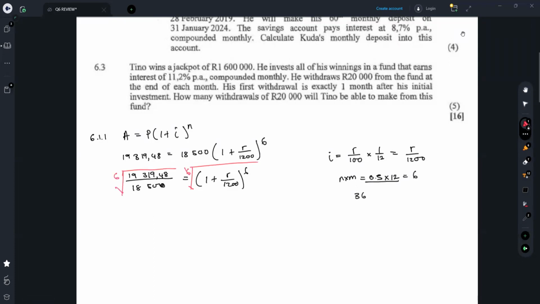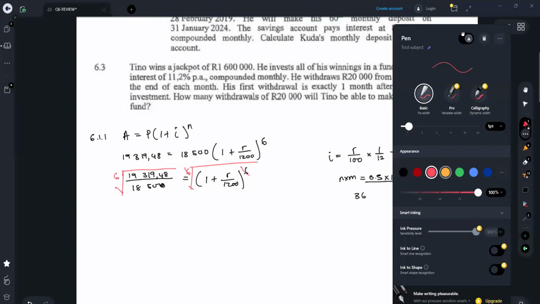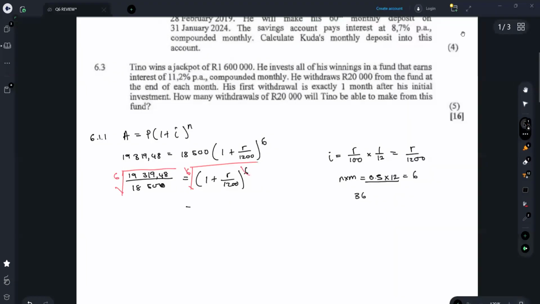I know that this side will remove that, and I will just be left with what is inside the bracket there, which is just 1 plus R over 1,200. This side was still left with our 19,319.48 all over 18,500.